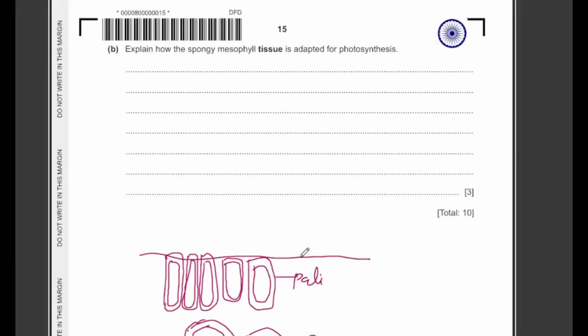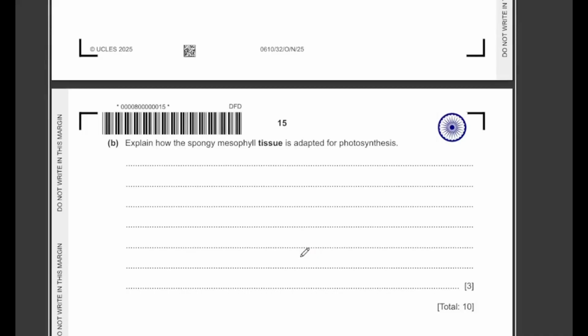So now let's go to the explanation of how spongy mesophyll tissue is adapted for photosynthesis. First thing, they have chloroplast, so they perform photosynthesis.